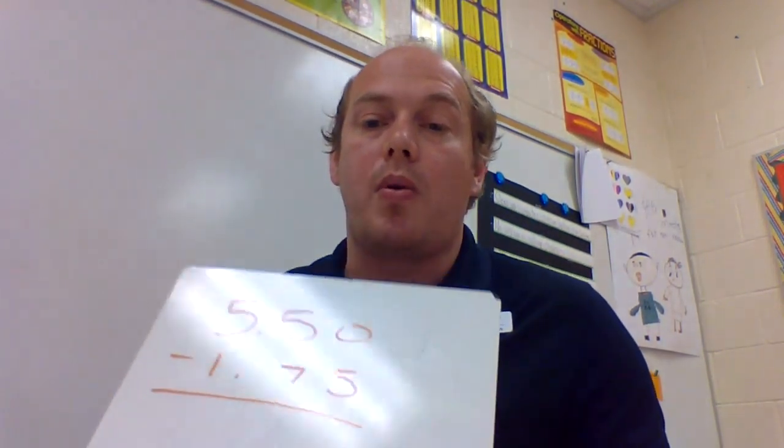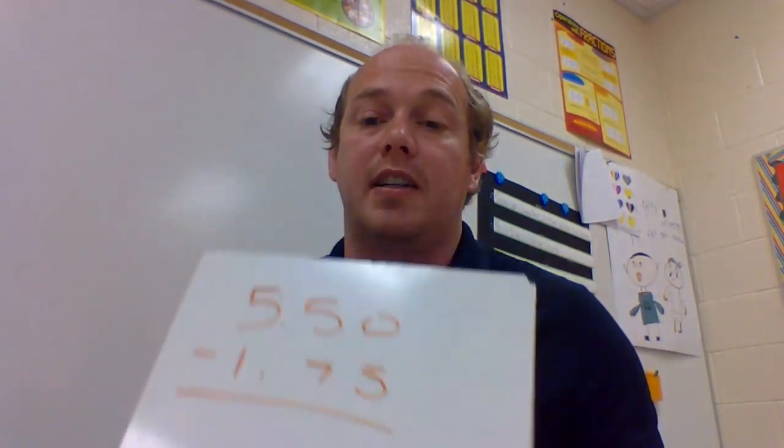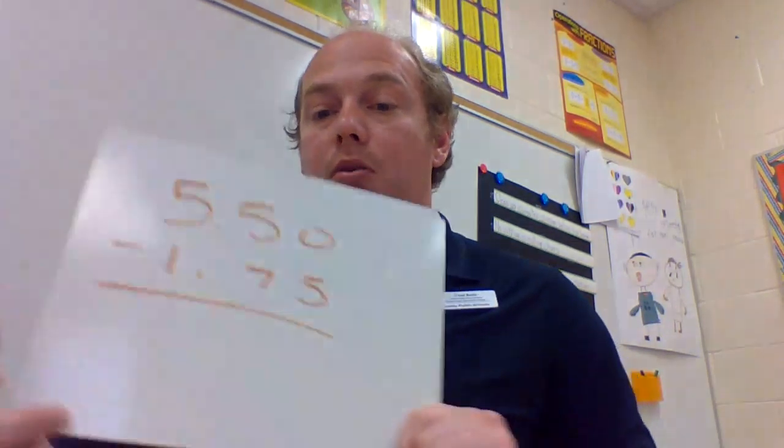All right. So this one's going to be a little more challenging. So what I would do first, because we're going to have a good bit going on in this problem, is go ahead and take your decimal down and put it right there.